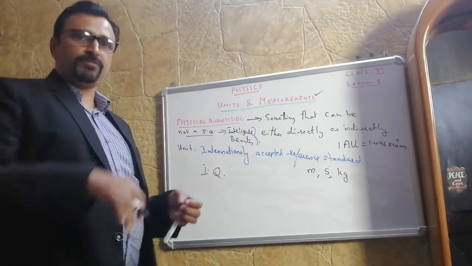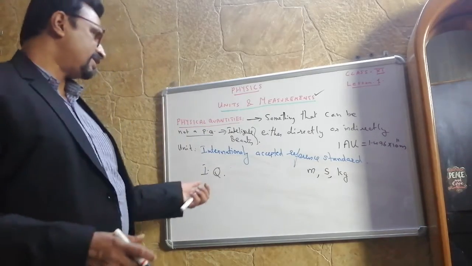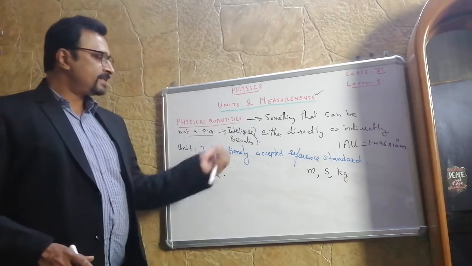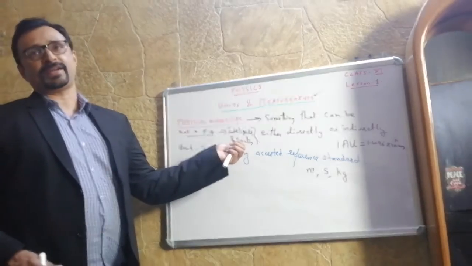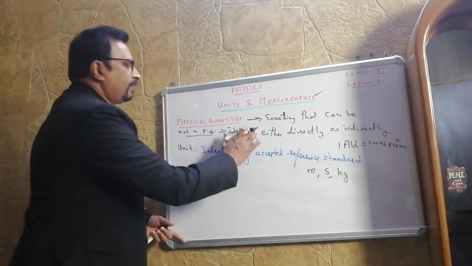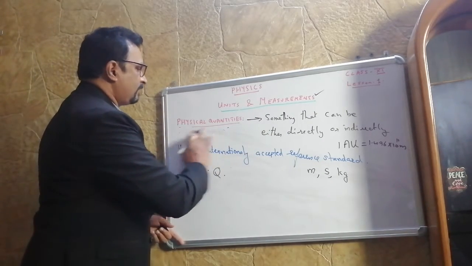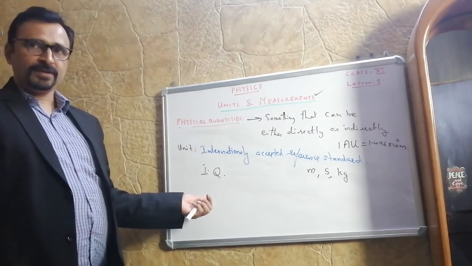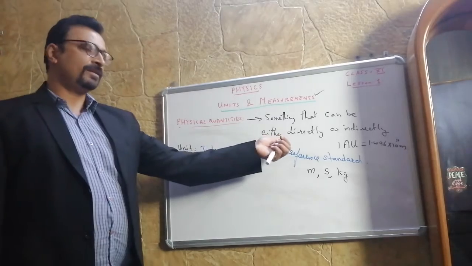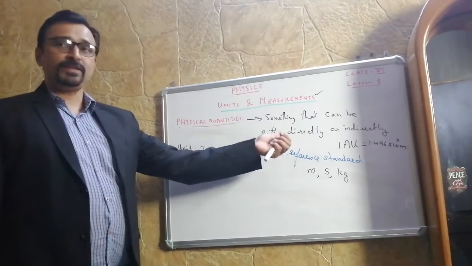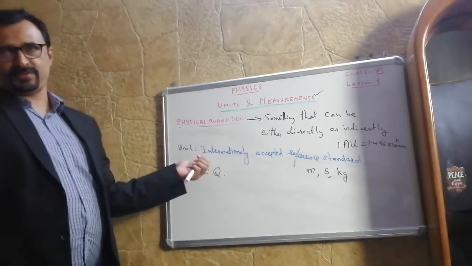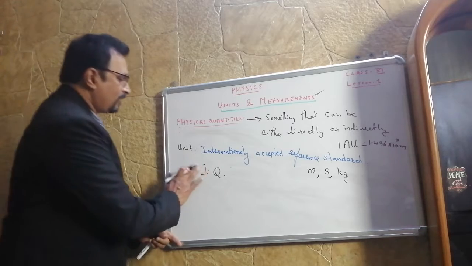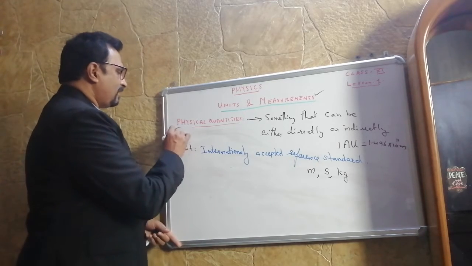That is an indirect technique for measuring the intelligence of a person. But that is not a physical quantity since it is not measured directly. So in measurement, what are we doing? We are comparing a given physical thing with a standard unit.